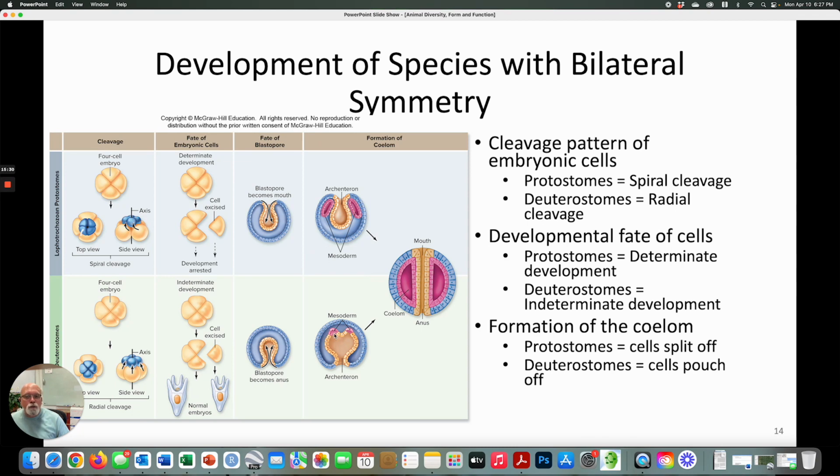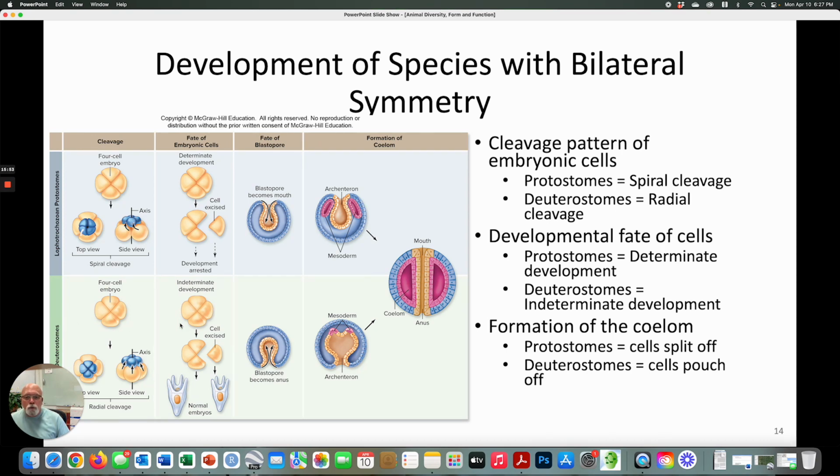It's because the mesoderm is growing as an outpocketing from the primitive gut here. And in this case, the initial opening ultimately becomes the anus of the adult organism. In protostomes, that's where you have determinate development, where these cells, their cell fate is determined relatively early on in embryonic development.